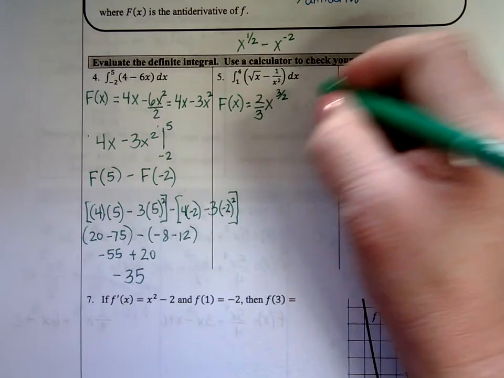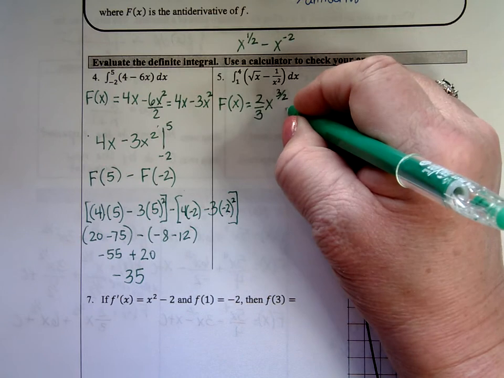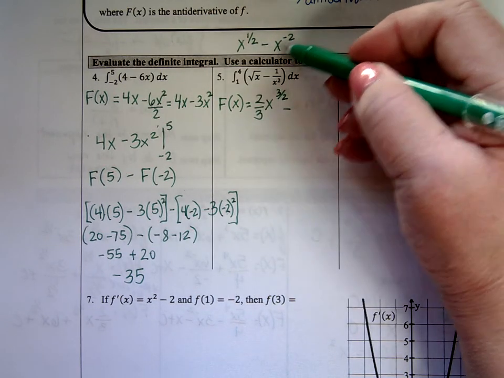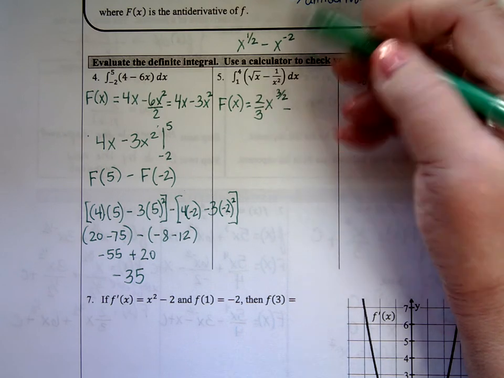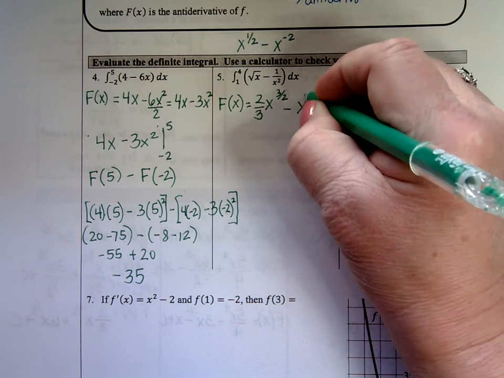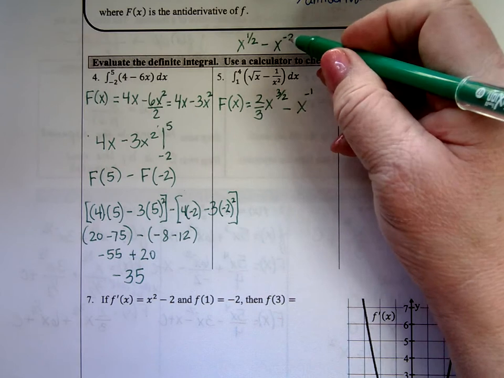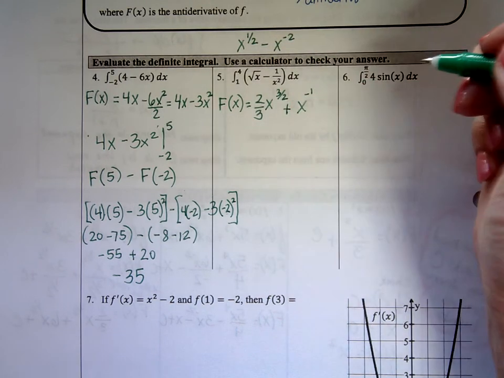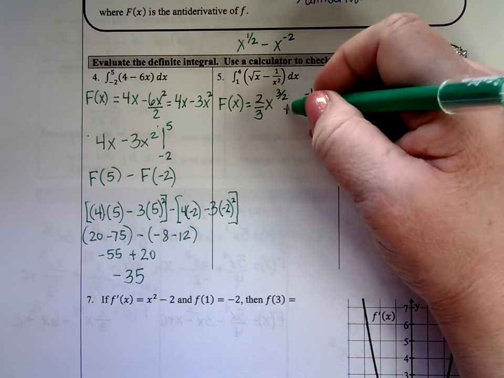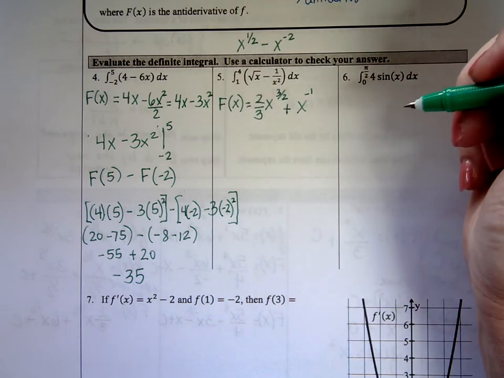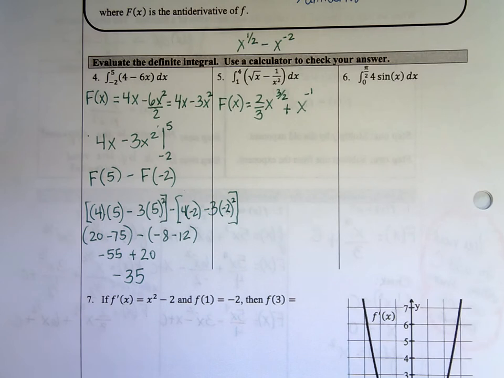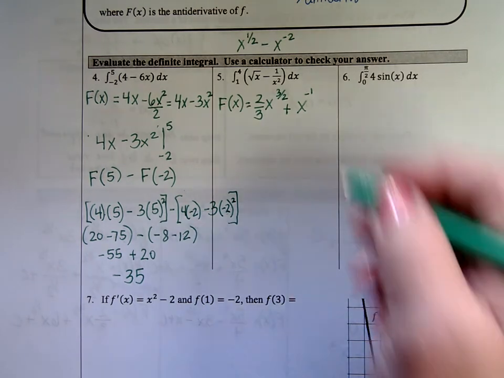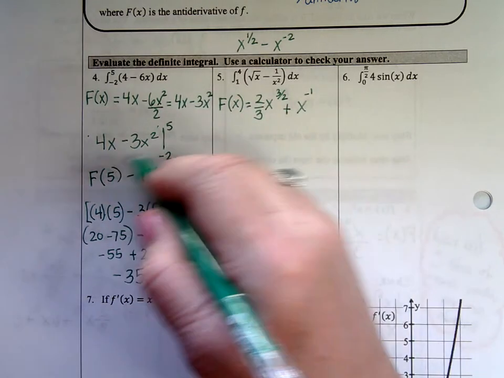All right, then I have minus. Add a power on, x to the negative 2 plus 1 is negative 1. X to the negative 1. Divide by the power. Divided by a negative 1 would just be a 1 on the bottom, but it changes this because it's a negative negative now. And so as I look at my capital F of x, my antiderivative, as I go to plug numbers in, I'm going to put it this way again.